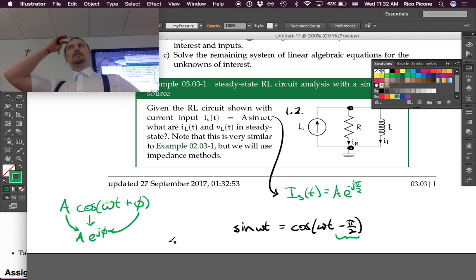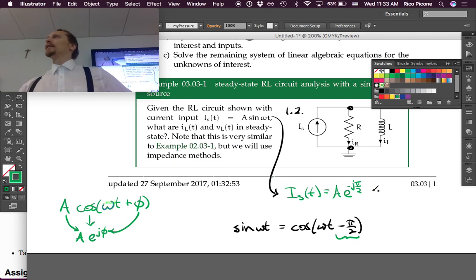So A e to the j minus pi over 2, or e to the minus j pi over 2. Would A equal 1 for this one? We're not assuming A is equal to anything specific in this. And that's why we just left it at A. If we were assuming A was 1, we would just say e to the minus j pi over 2.